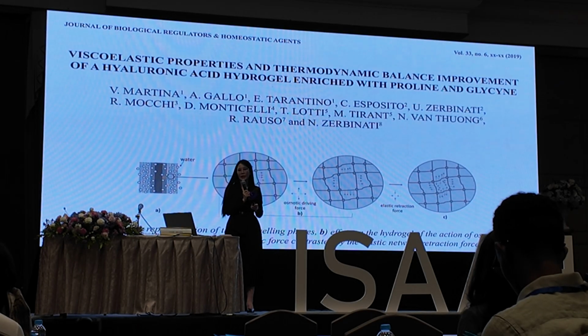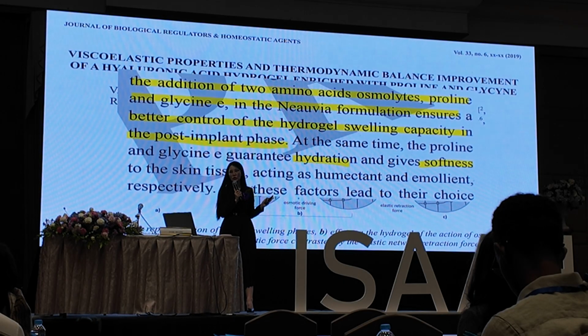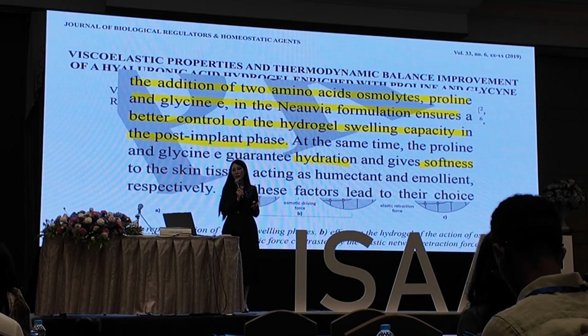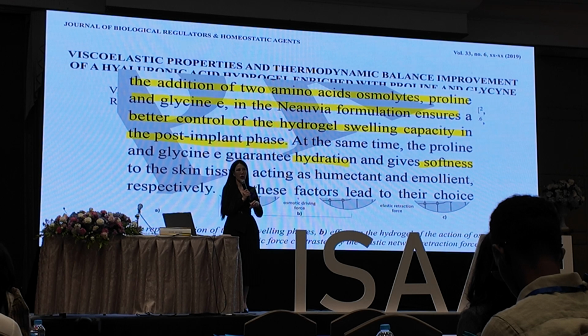And about the osmolarity, from this paper as well, it concludes that the addition of proline and glycine will reduce the initial swelling capacity, and it will also increase the hydration and softness of the tissue.